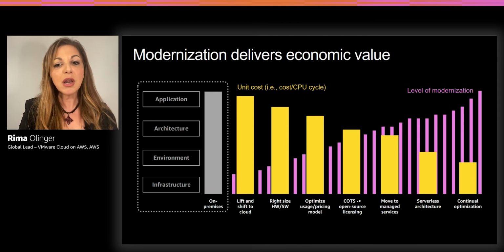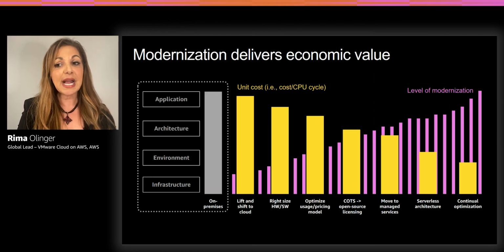Now, on top of all of these benefits of increasing modernization adoption, it leads also to increasing economic value. This is from customers' data. They typically see at least 20% savings in the unit cost of a CPU cycle with just a lift and shift migration to cloud infrastructure. As customers continue to optimize their workload, their cloud instances through right sizing, license optimization, and selecting the best pricing, their usage behavior, they typically see an incremental 10 to 20% savings.